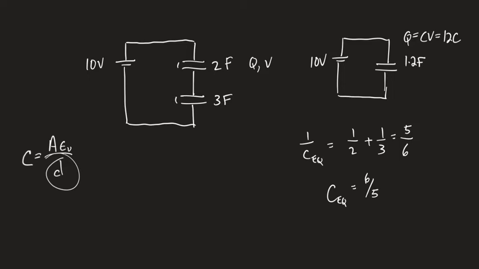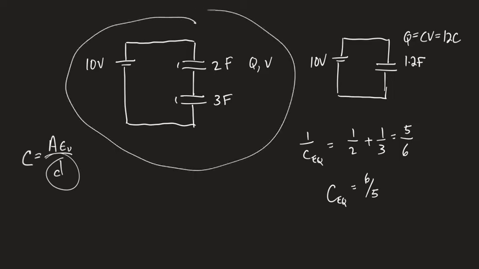The system had two capacitors. But these two capacitors have to have the same charge on them. So if this capacitor had 12 coulombs, that means each of these must be 12 coulombs of charge. The battery doesn't know the difference in the system.